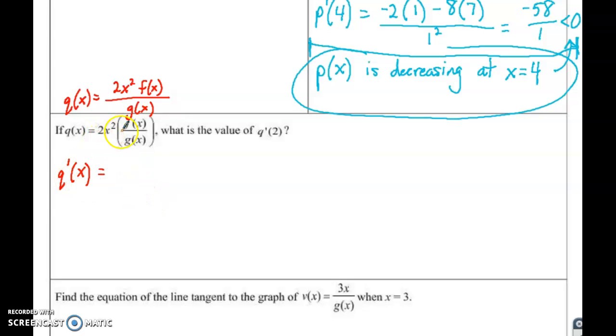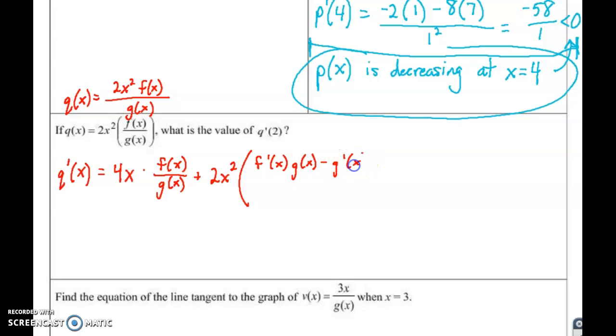So let's do the product rule, which is the derivative of 2x squared is 4x, and you leave that quotient alone, and then plus leave 2x squared alone, but then you have the quotient rule right there, which is the derivative of the top, leave the bottom alone, minus the derivative of the bottom, leave the top alone, over the denominator squared.